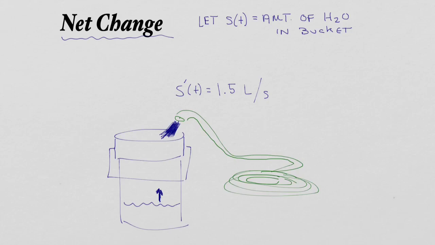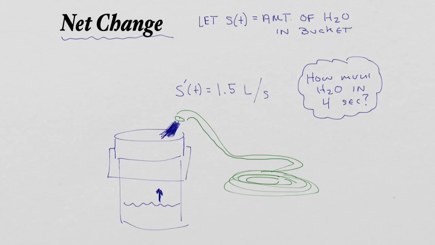And if I asked you how much water is in the bucket after 4 seconds, that would be easy to calculate. I know that after 1 second, 1.5 liters has gone in, so after 1 second I've got 1.5 liters. After 2 seconds I would have 3 liters. After 3 seconds I would have 4.5 liters, and then after 4 seconds I would have 6 liters.